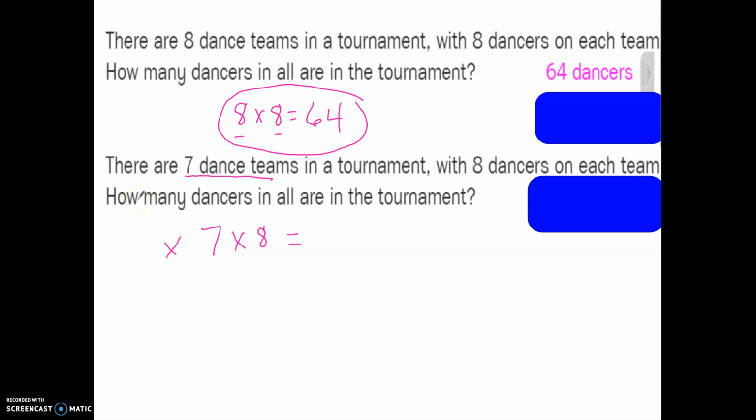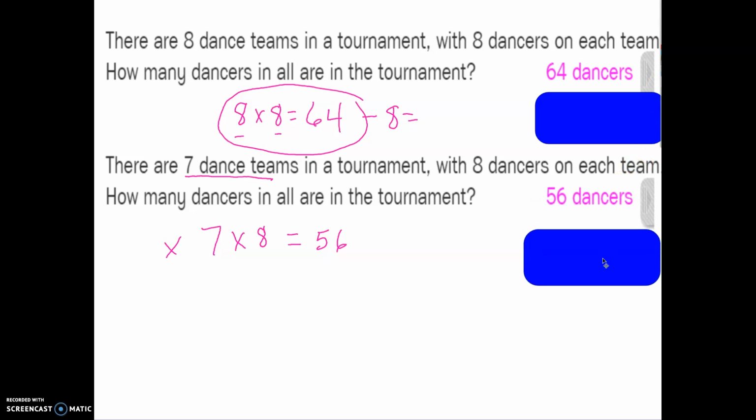So here is 8 groups of 8 for 64. I only want 7 groups of 8. So what can I do to that helper fact? I can take away 1 group of 8. 64 minus 8 is 56. So if I only had 7 teams of 8 dancers, there would be 56 dancers.